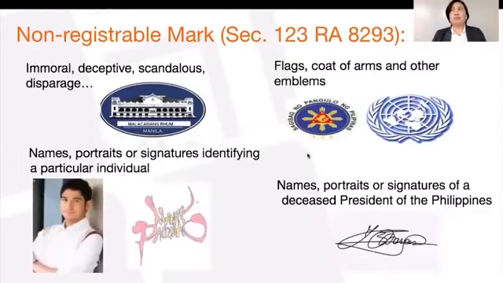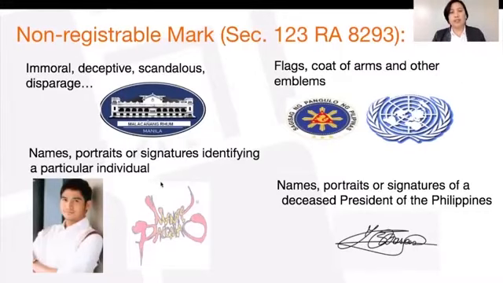There are also marks that cannot be registered. Okay, Section 123 of Republic Act 8293 or the IP Code of the Philippines enumerates the following. Those that are immoral, deceptive, scandalous, and that can disparage cannot be registered as trademark. For example, using the facade of Malacanang for alcoholic beverages. So that cannot be registered. Flags, coats of arms, and other emblems cannot also be registered.